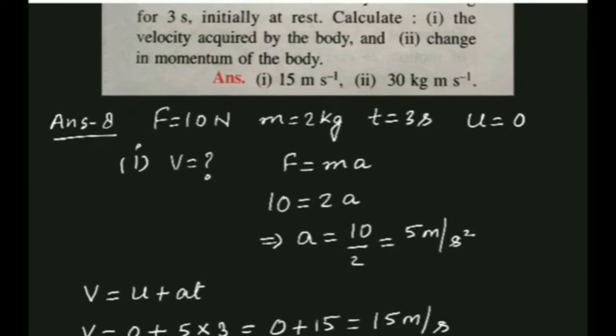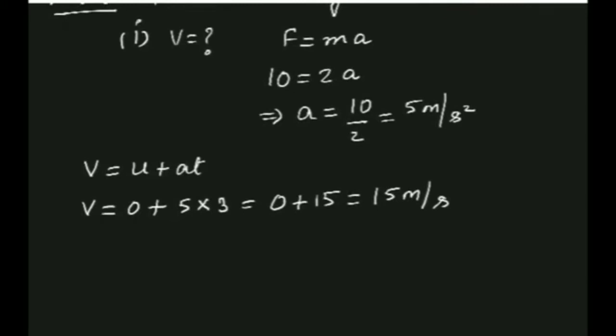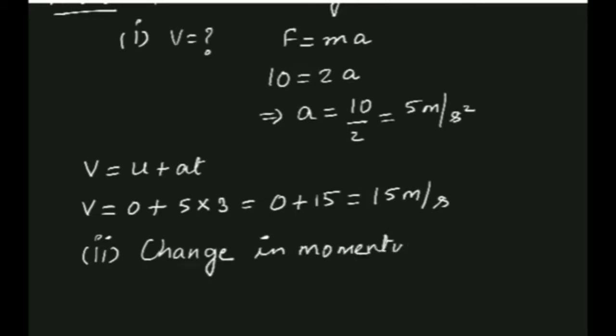Now what they are asking in the second part is change in momentum. So how will we solve this? What formula did I tell you earlier? mv final momentum minus mu initial momentum.